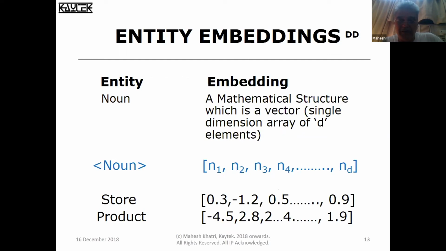I could have an entity called store, which is represented as a single array of a certain number of dimensions. I could have an entity such as a product, a supplier, a customer. The essential point is that these entities are being represented as vectors.